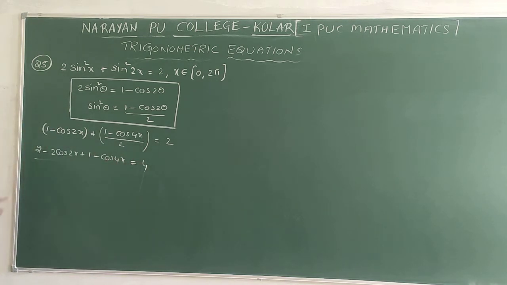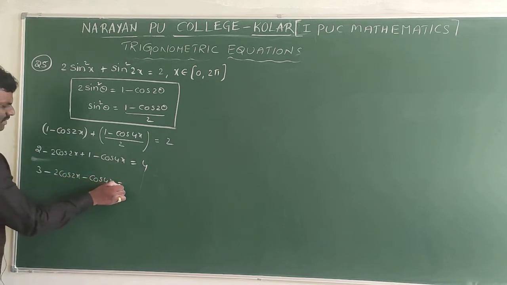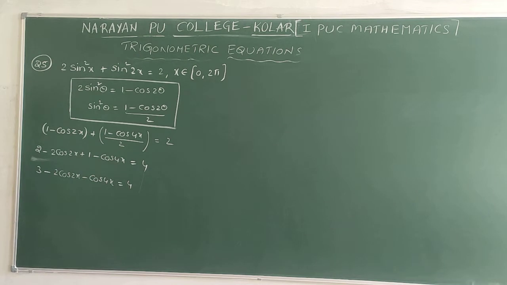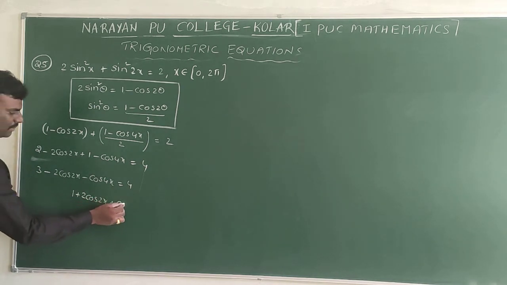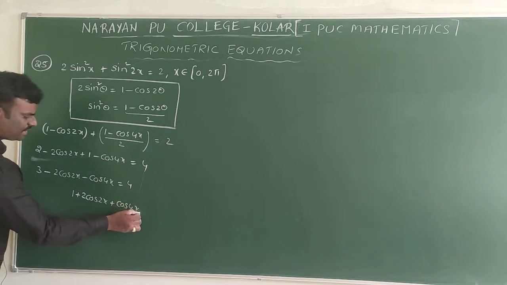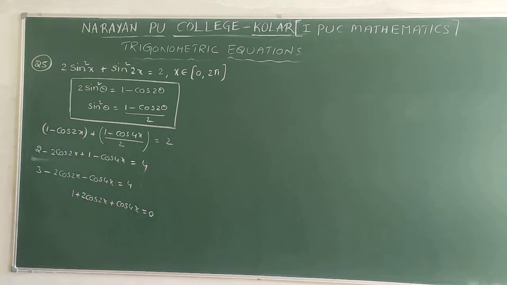Now 2 plus 1 is 3, minus 2 cos 2x minus cos 4x is equal to 4. Sending all these values to that side, 4 minus 3 is 1, so 1 plus 2 cos 2x plus cos 4x is equal to 0.